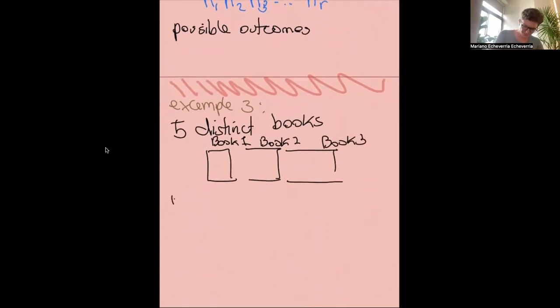So in how many ways can you organize 3 of them?